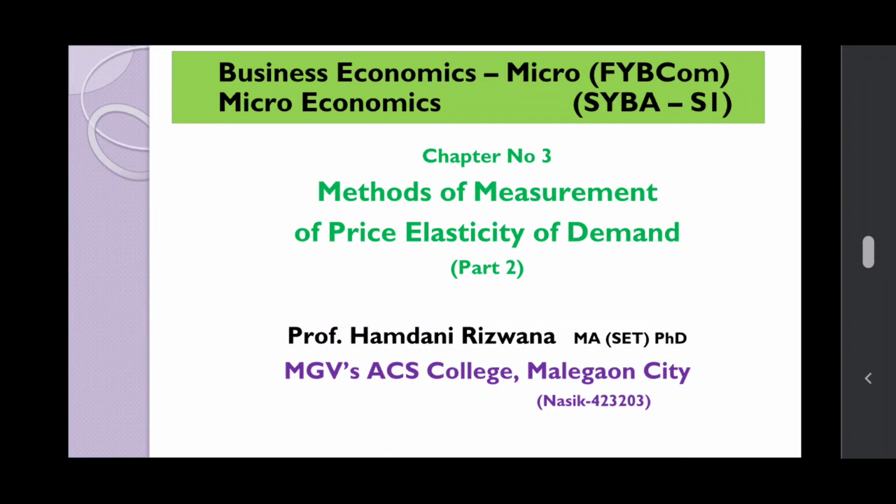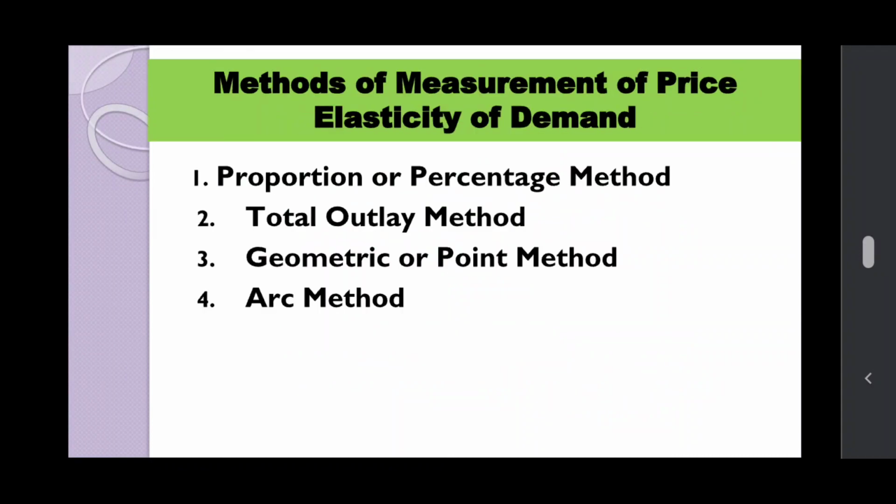In this video, I will explain methods of measurement of price elasticity of demand part 2. As you know, there are 4 methods for the measurement of price elasticity of demand. They are percentage method, outlay method, geometric or point method, and arc method.